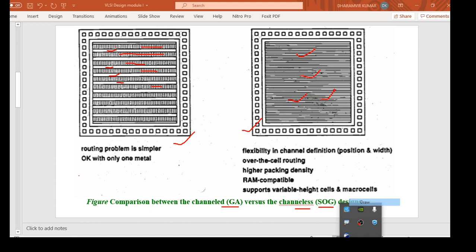in the channelless gate array design. So the question that comes to mind is, where do the interconnecting routing channels lie, and how are they adjusted in this chip?